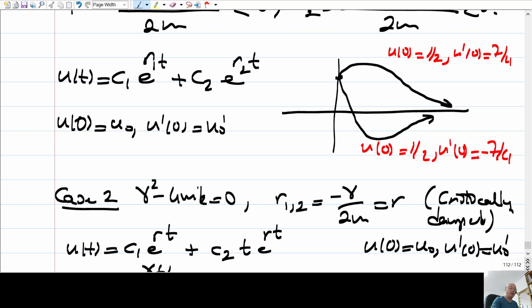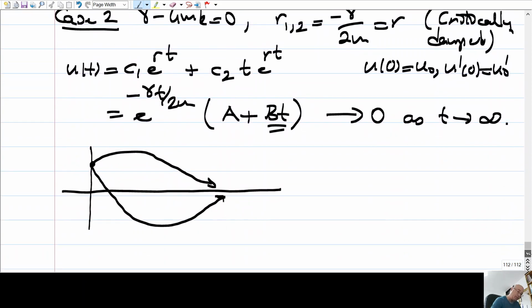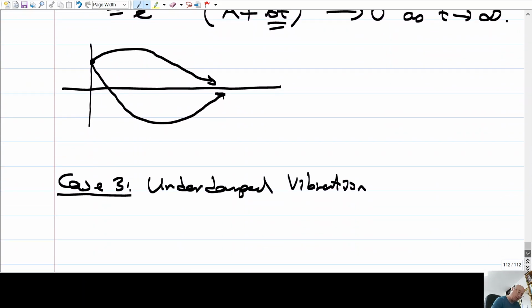Why critically? Because this discriminant is 0, so it's a kind of critical position, and we will see why it is called critical, because once you pass that critical solution, things will change dramatically. Okay, let me stop here and I'll continue in the next hour.